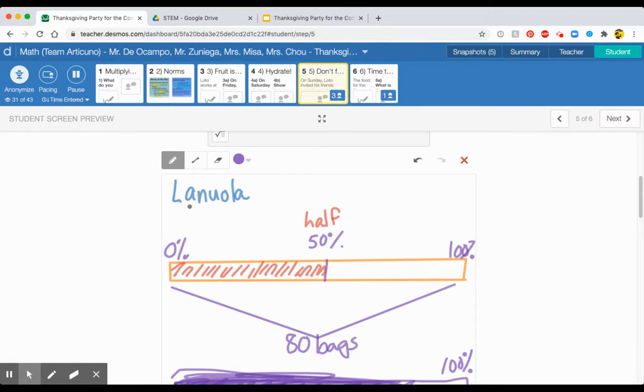The answer is no, because Lanoola bought only half the bags. So wait, what's half of the 80 bags? Well, half of the 80 bags is just 40 bags. So this 50%, which is half, is just 40 bags. So Lanoola bought 40 bags.